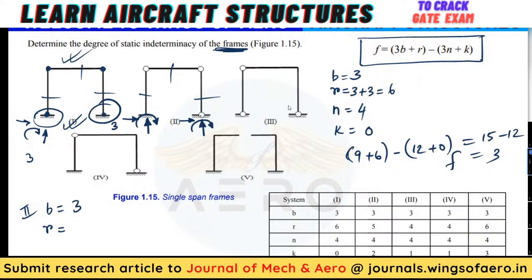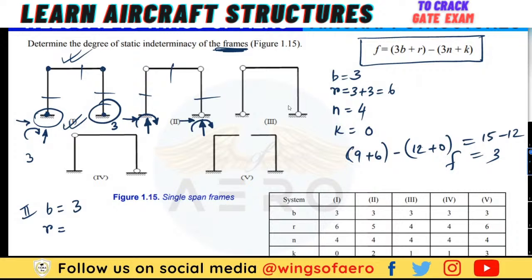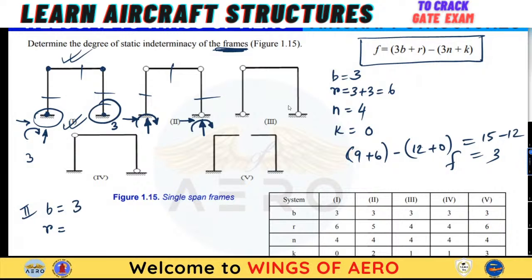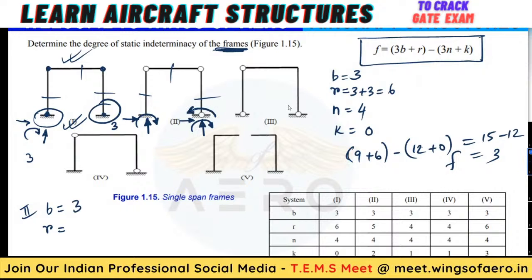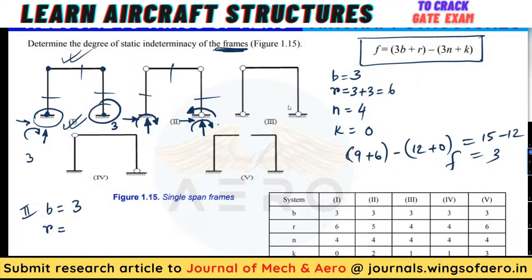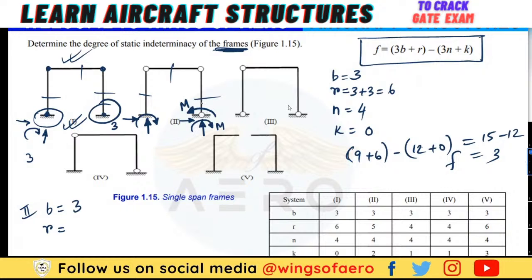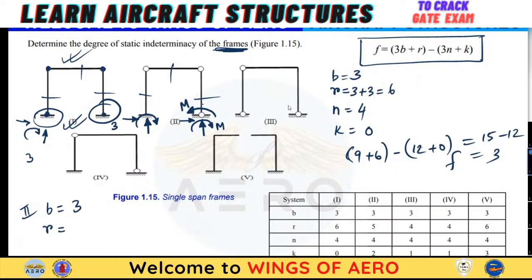Due to this, sorry, this is also another hinge, isn't it? So what will happen when there is a combination? Please make a note of this. When there is a combination of fixed and hinge altogether, both will counteract. So there will be a movement in one direction, and another direction due to the hinge will nullify, will get nullified.